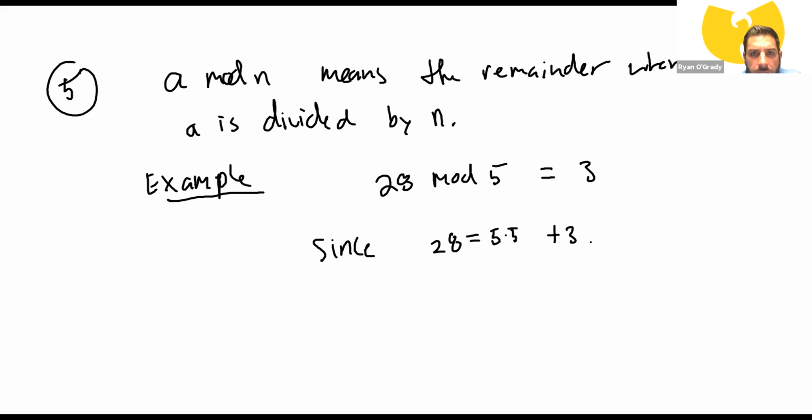So this is the key thing, the remainder. Does that make sense? Any questions about that?